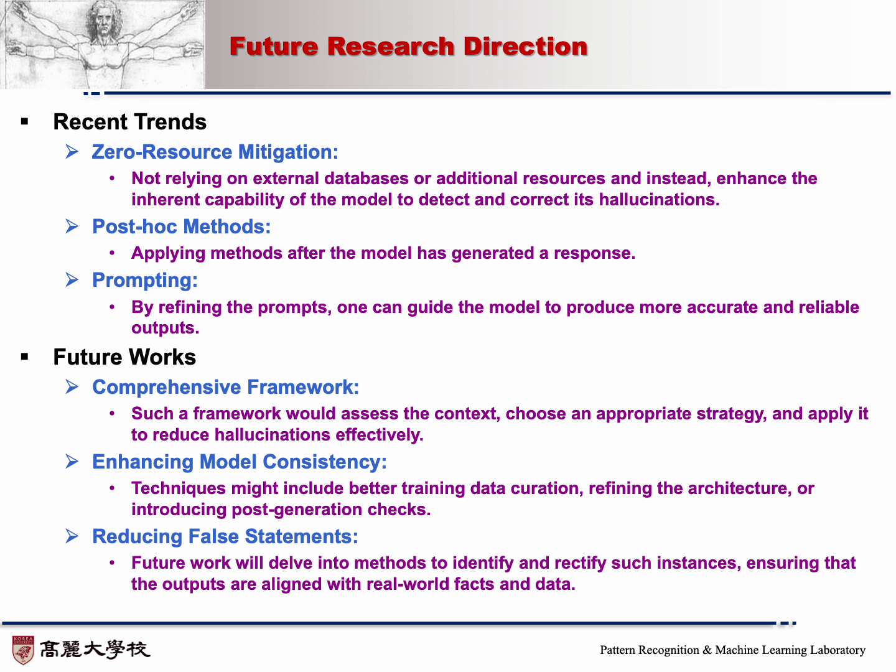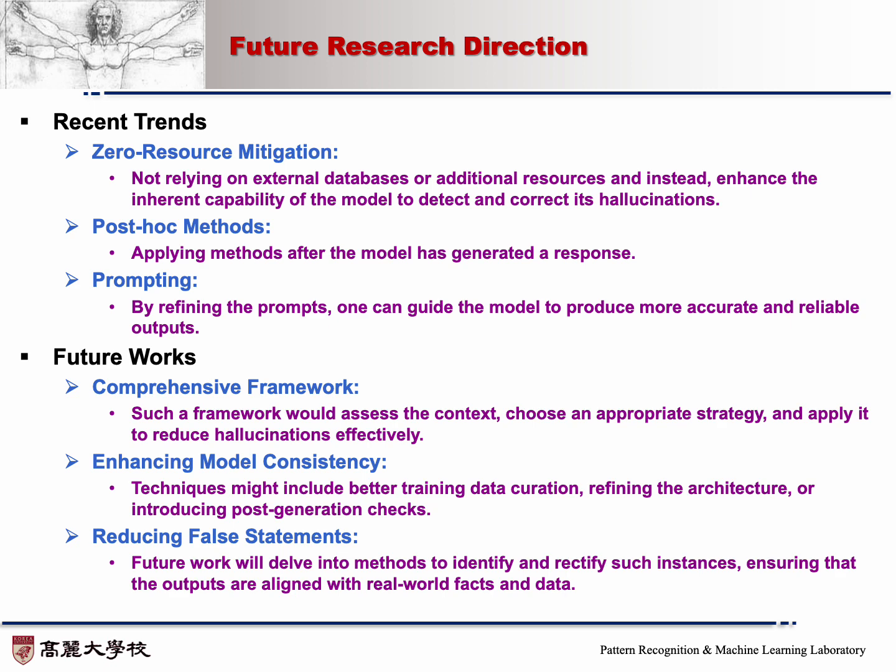So for my future work, I am trying to make a comprehensive framework where the goal is to design a holistic strategy. The proposed framework will not only assess the generated content's context, but will also discern the best corrective strategy and then efficiently apply it, ensuring reduced hallucinations.